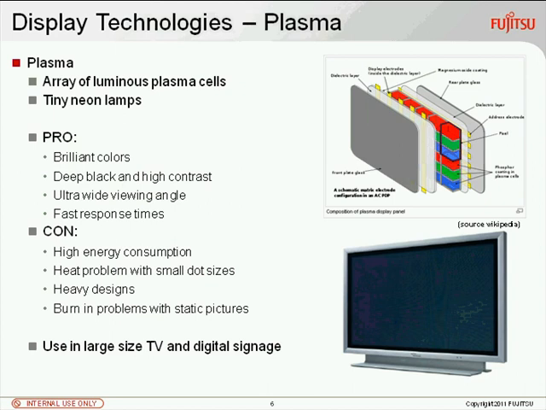It has heat problems, especially with a small dot size. That's why it's often used for large screens, but never came to the office desk, because the resolution, the dot size, would be too small, and it's also quite heavy in design. It has mostly metal frames that are able to hold all these things.